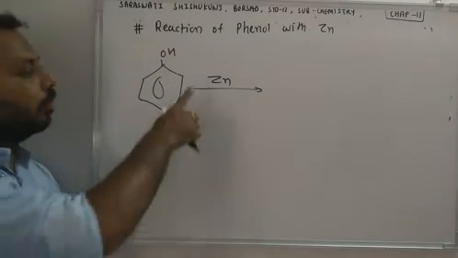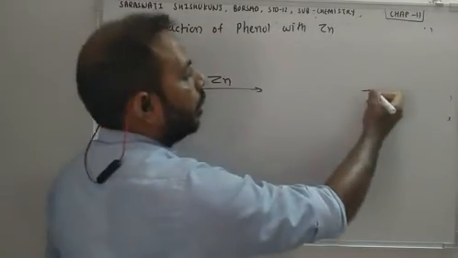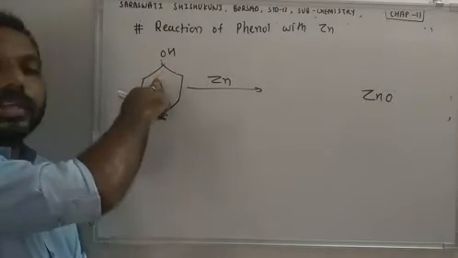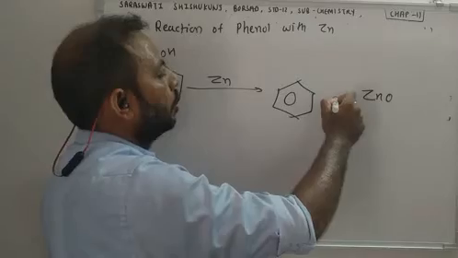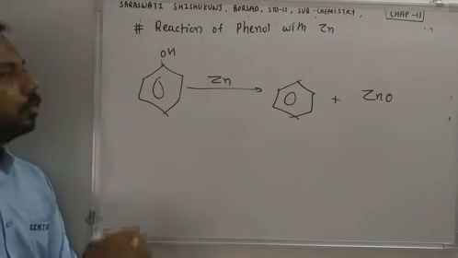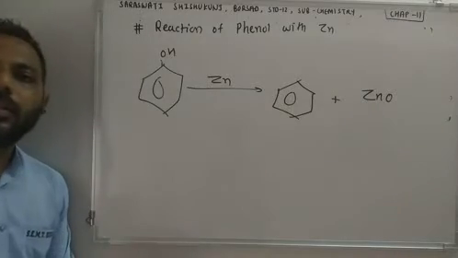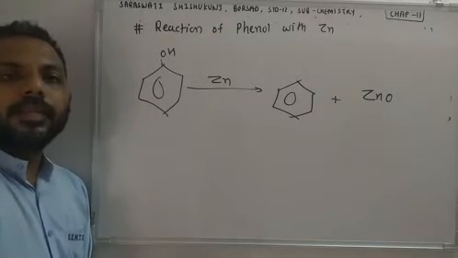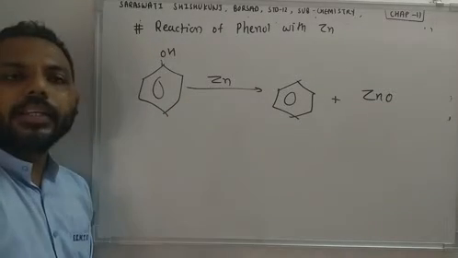Zinc will combine with oxygen and form ZnO, that is zinc oxide. What is left? Hydrogen is left, so we'll get benzene. So phenol reacts with zinc dust and forms benzene. In conversions, this reaction is very important. If you are asked to convert phenol to benzene, then you need to react it with zinc.